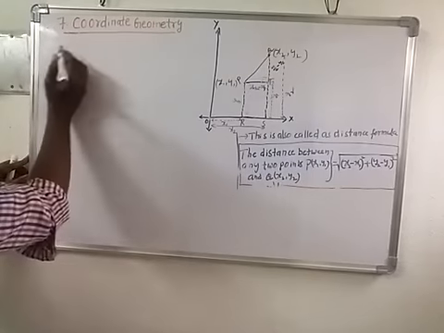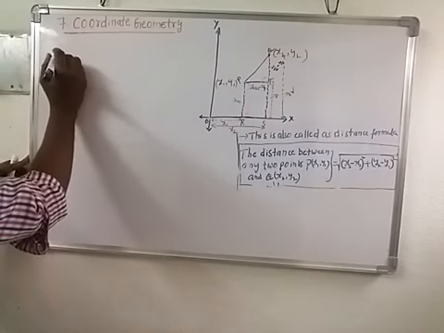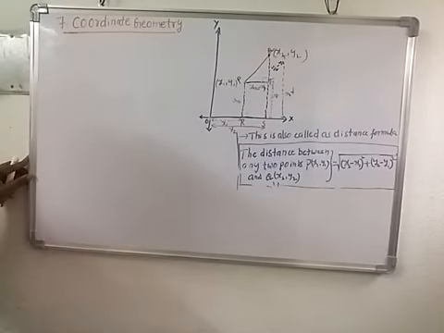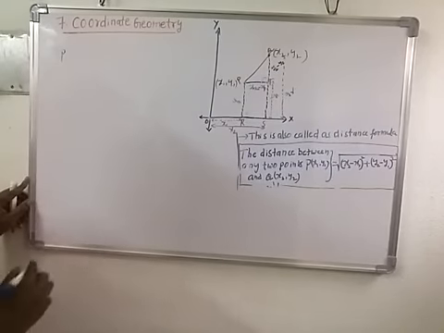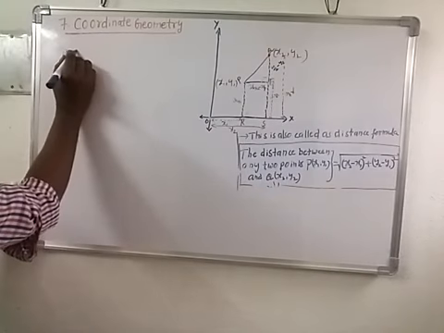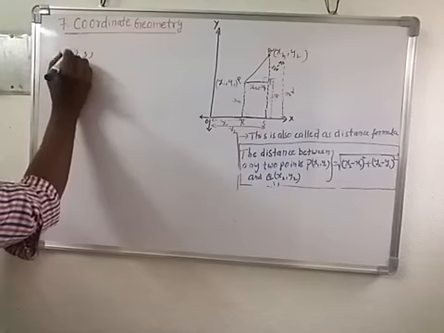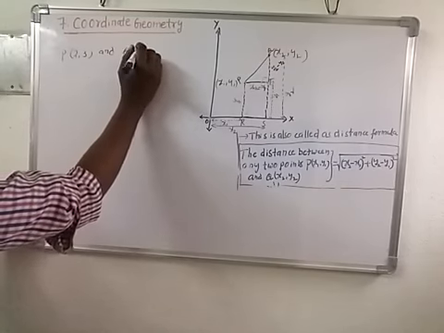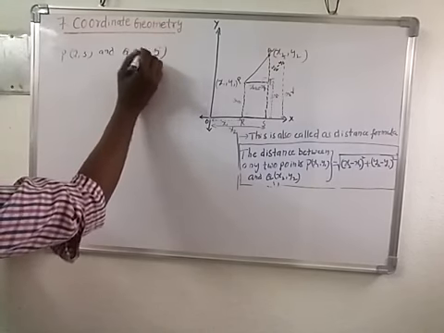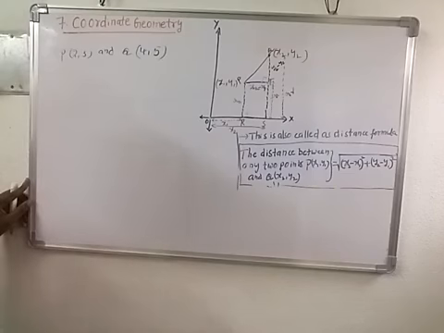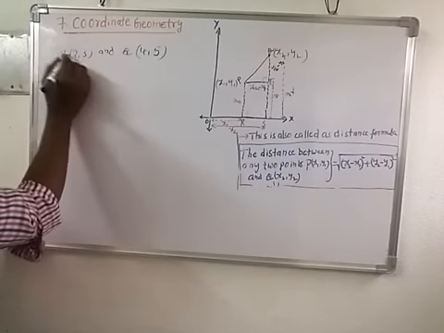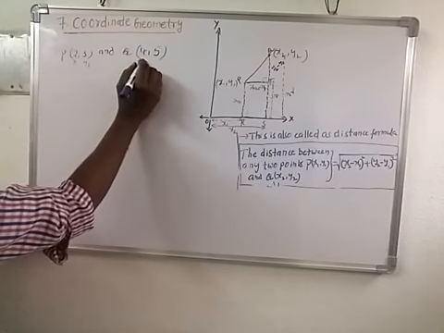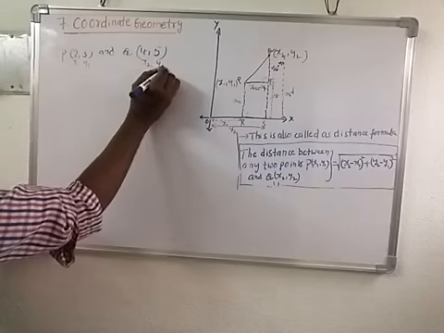For example, what is the distance between the two points P 2, 3 and Q 4, 5? So P is x1 y1 and Q is x2 y2.